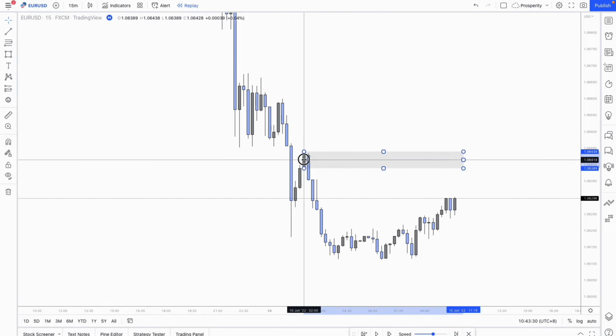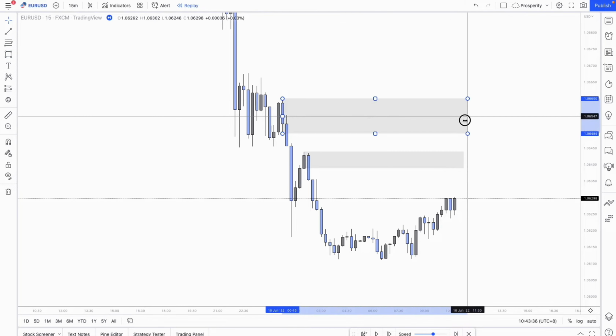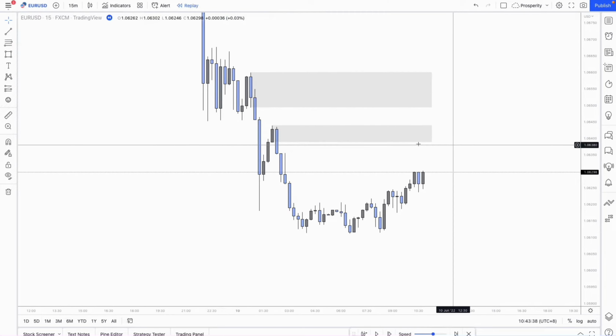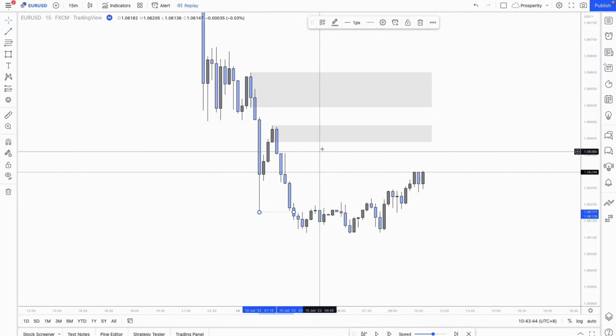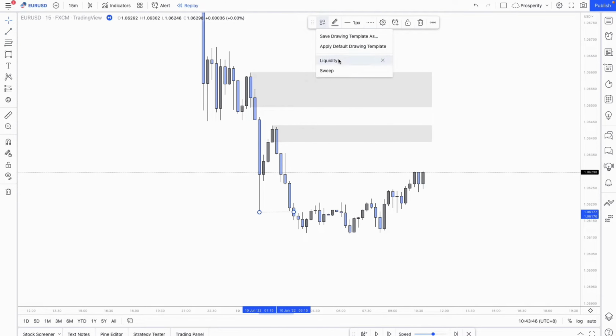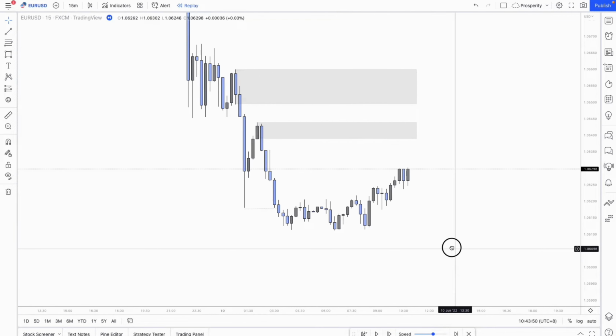That is a zone of supply. This is also a zone of supply. Now, this zone of supply just happened to take out this wick, but they are both still relevant.